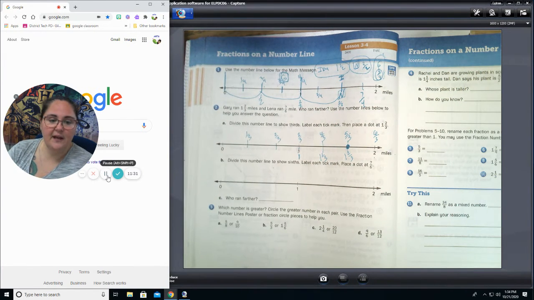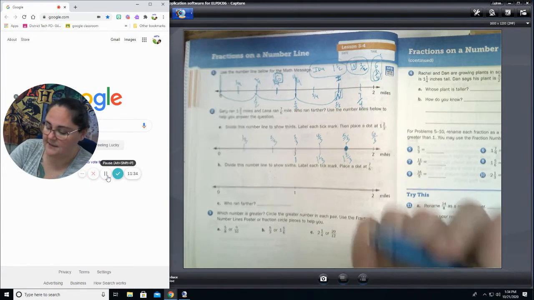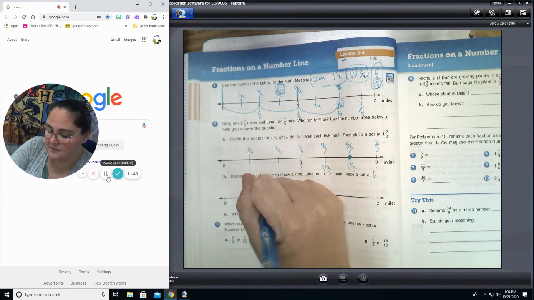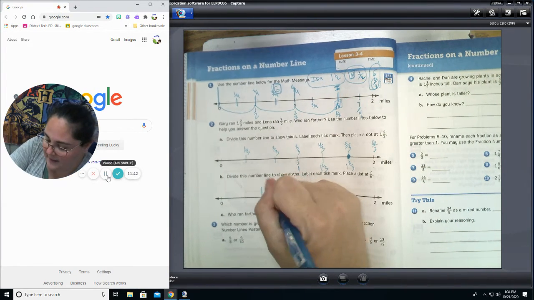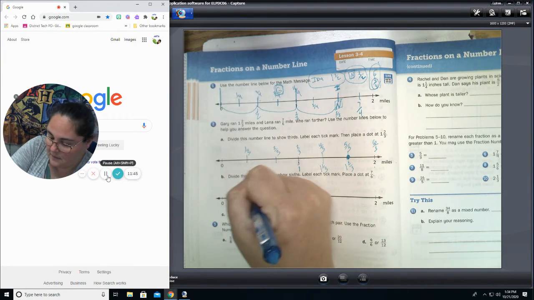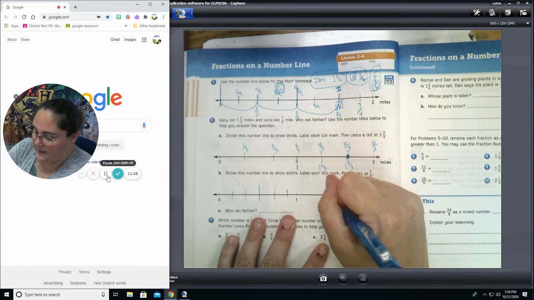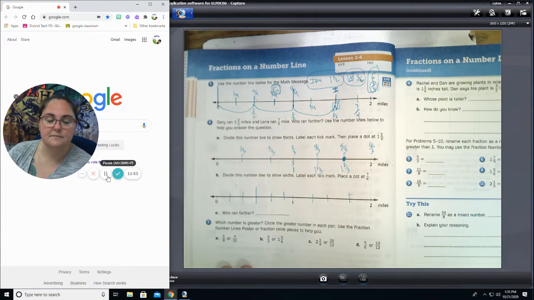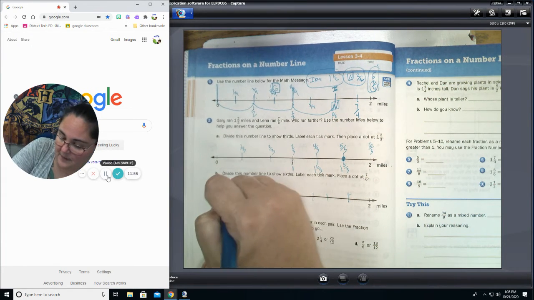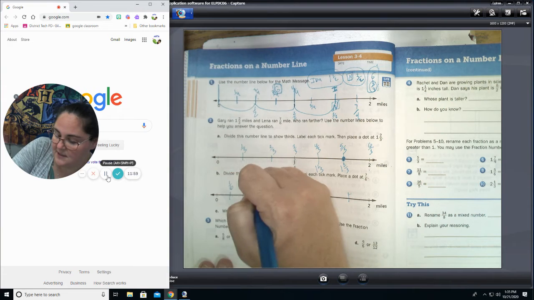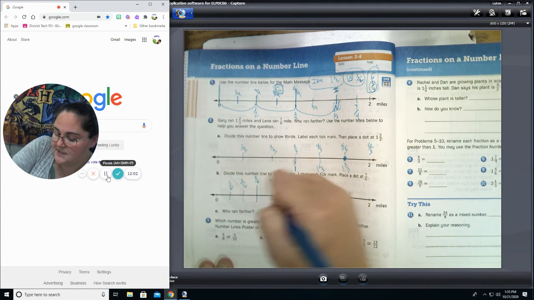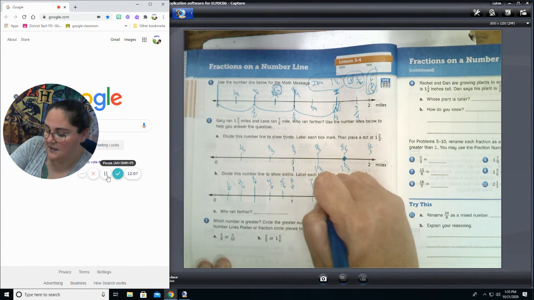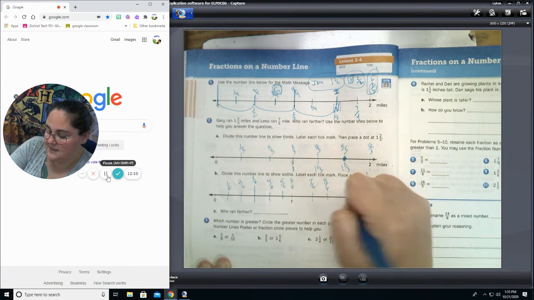B, divide this number line to show sixths. Same idea. I'm going to cut it in half, and then cut each half into thirds. And now I can label it. 1/6, 2/6, 3/6, 4/6, 5/6, 6/6.